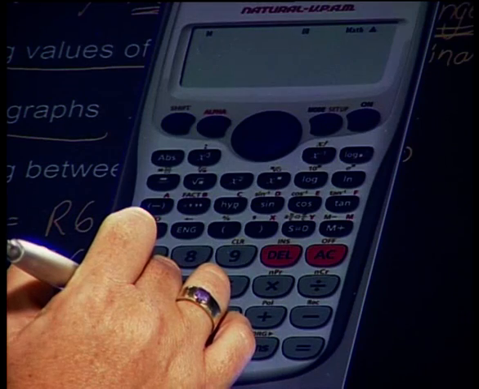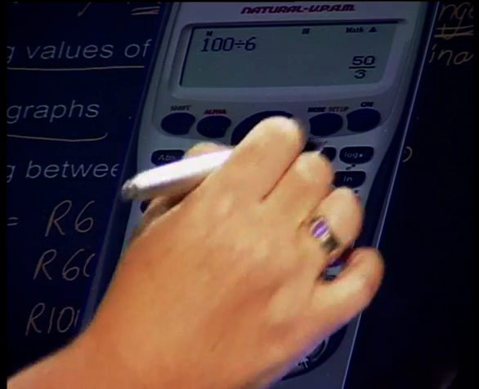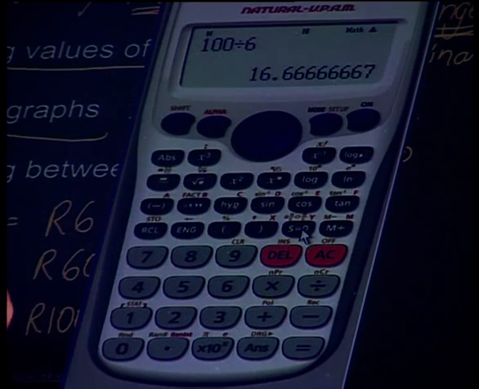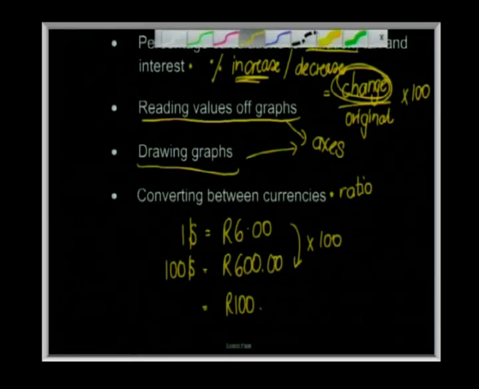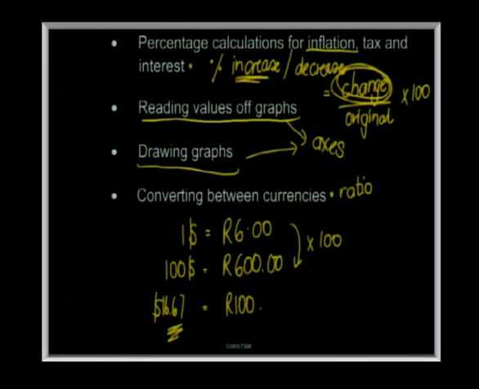So I would be saying 100 divided by 6 is equal to $16.66, which would be rounded to 67, because always money has to have 2 decimal places. Remember, you will lose marks if you write your money with only 1 decimal place. So that's a very good key point.